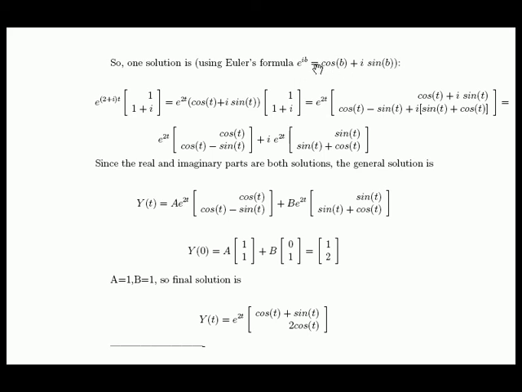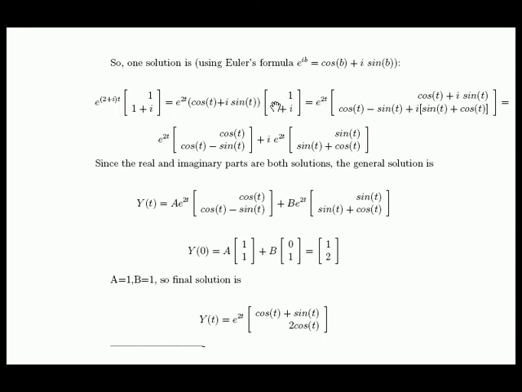So you just need to memorize that formula. So e to the (2 plus i)t will be e to the 2t times e to the it, and you use Euler's formula to take care of the e to the it because we have no idea what it is otherwise. So e to the it will be cosine of t plus i sine of t, and then there's the eigenvector.